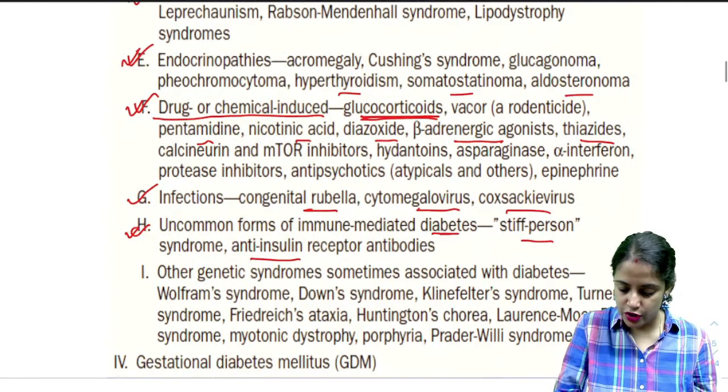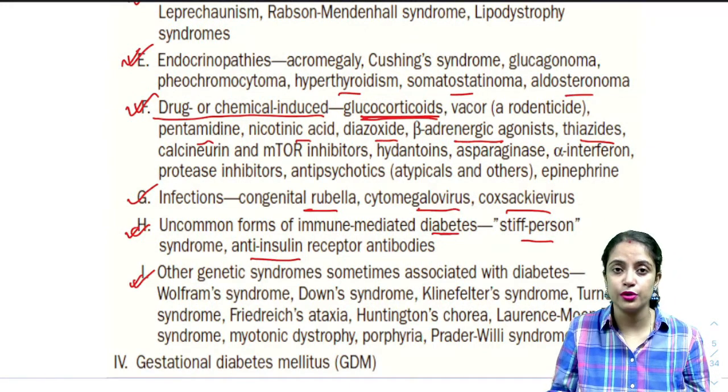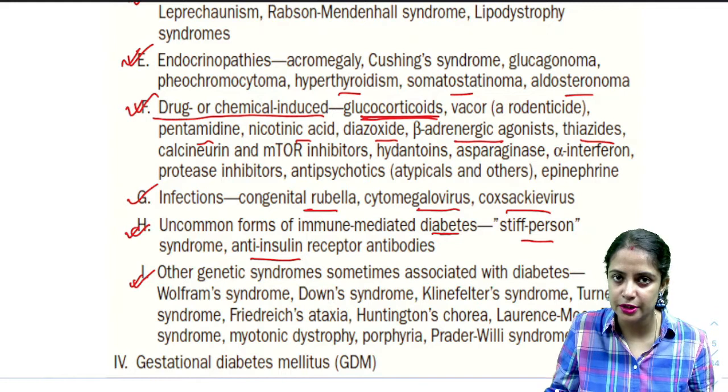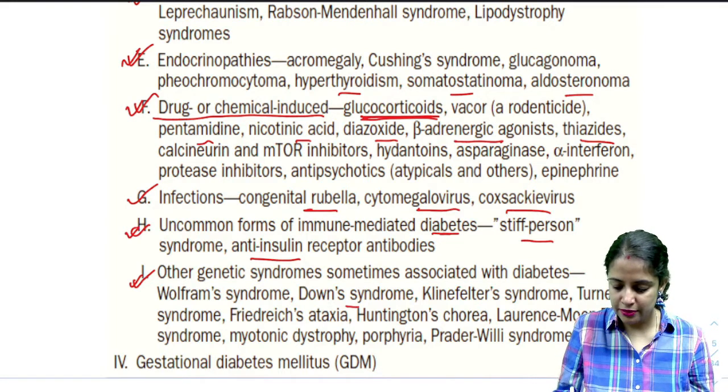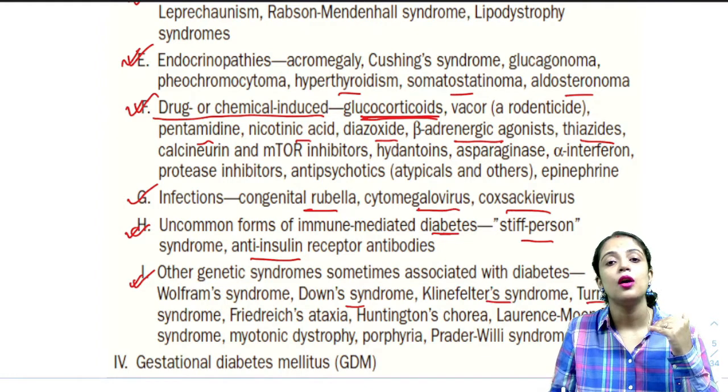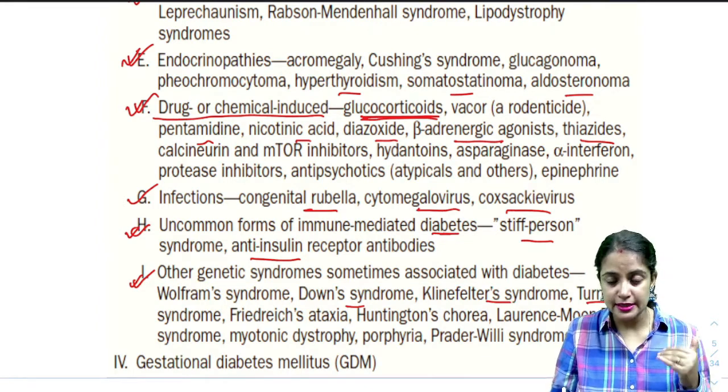There are other genetic or chromosomal disorders which may also result in diabetes, for example Down syndrome and Klinefelter and Turner syndromes. They are prone to develop diabetes in their lifetime.